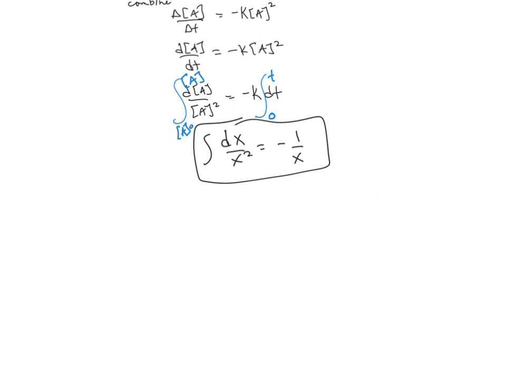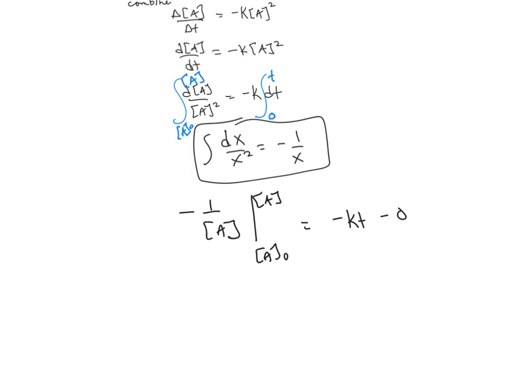All right, then we do the substitution, we do the integration, and we will get 1 over A, and that is going to be negative. Our limits are going to be between A initial and A. This will be equal to negative kt minus 0.